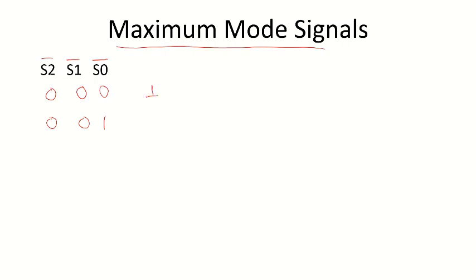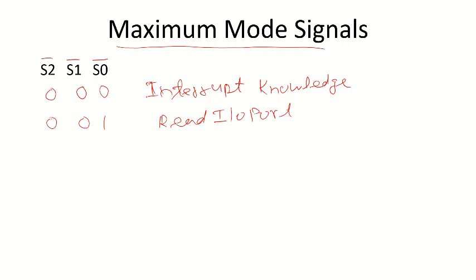If it is 000, it means interrupt acknowledge. If it is 001, it means read input output port. If it is 010, then write input output port.